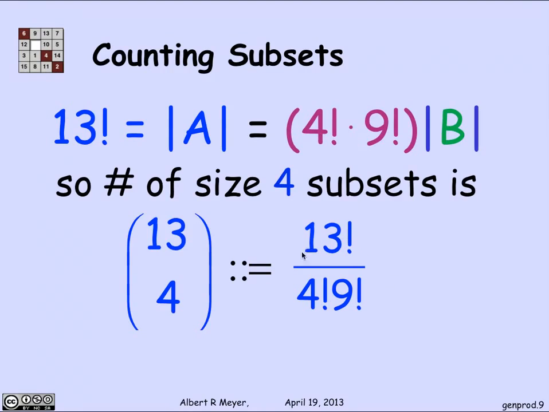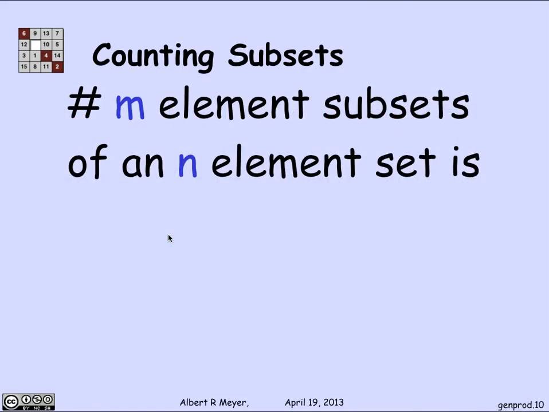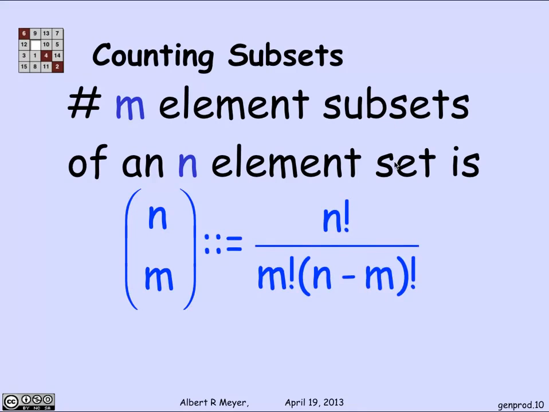And this number comes up so often that it has a special notation called binomial coefficient notation, which we read as 13 choose 4. In general, if I have an n element set, and I'm going to choose a subset of m of them, generalizing this argument, because the 4 and the 9 and the 13 were completely arbitrary and the argument works in general, the number of ways to choose a set of m elements among n is n choose m.